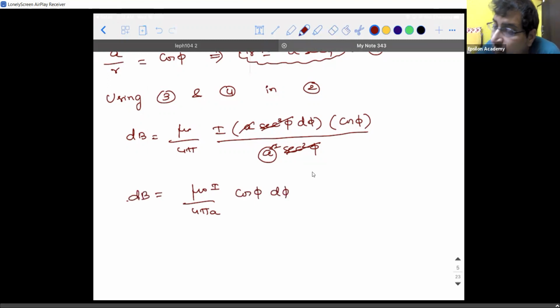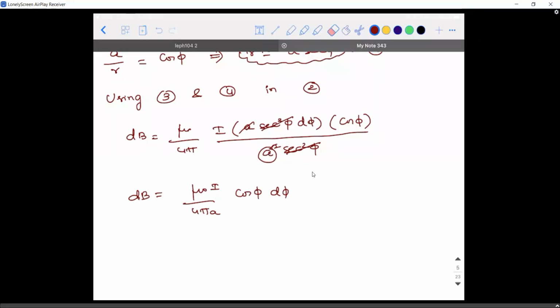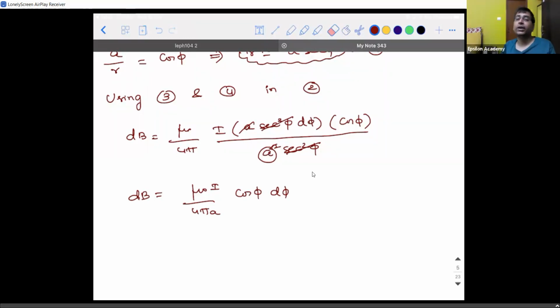Now you guys check, is it a function of one variable or more than one variable? One variable, sir. Now you're ready to integrate.